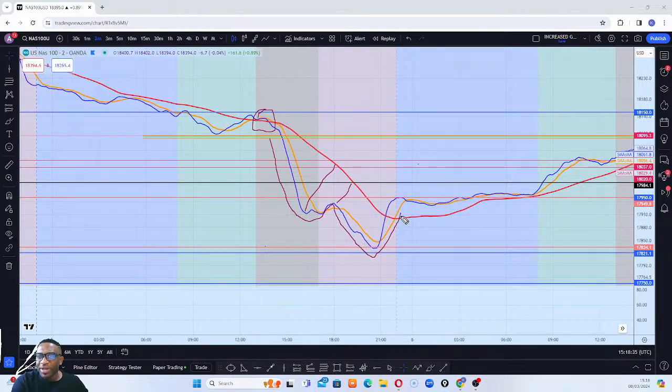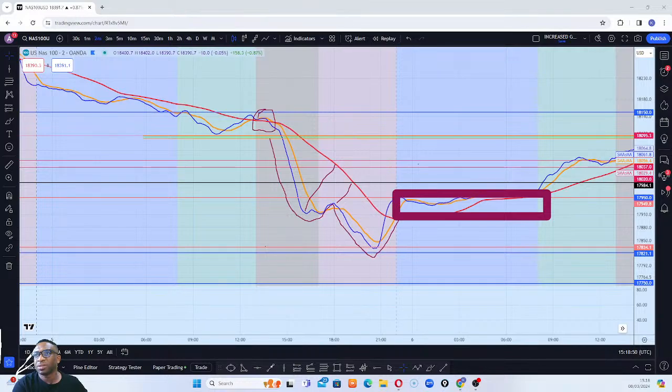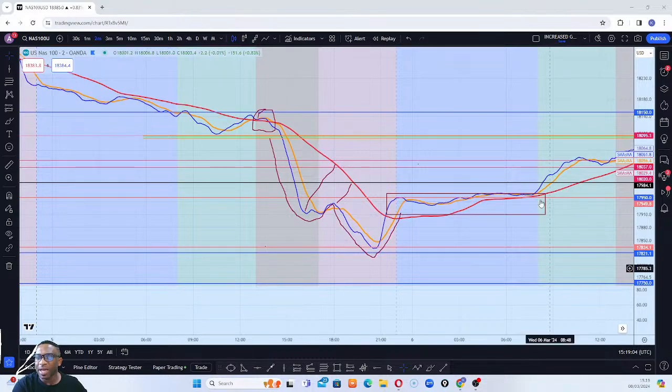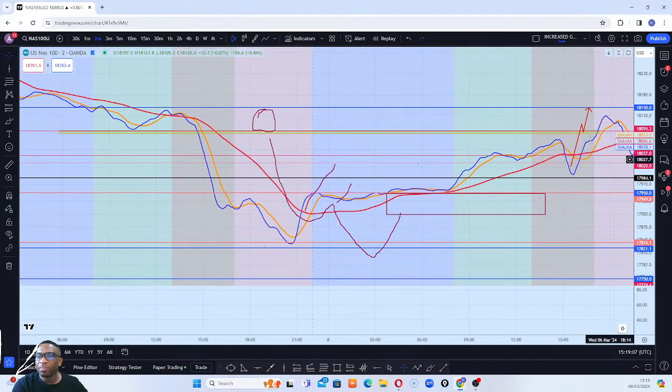From this wide state, it came back to a narrow state and then started consolidating from this point on. From here, you could spot that price was in a narrow state before it began another move to the upside.